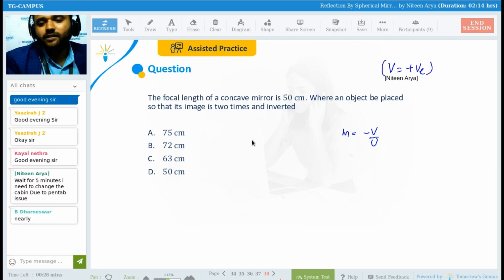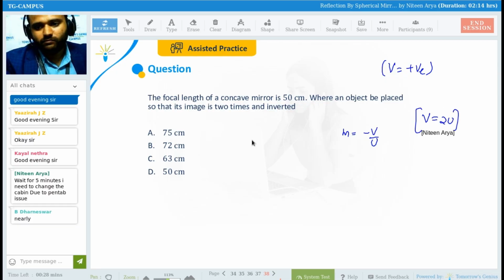Real inverted, na. When an object is placed so that its image is 2 times, use this and tell me the answer. I need to check, beta. Is this A or something else?